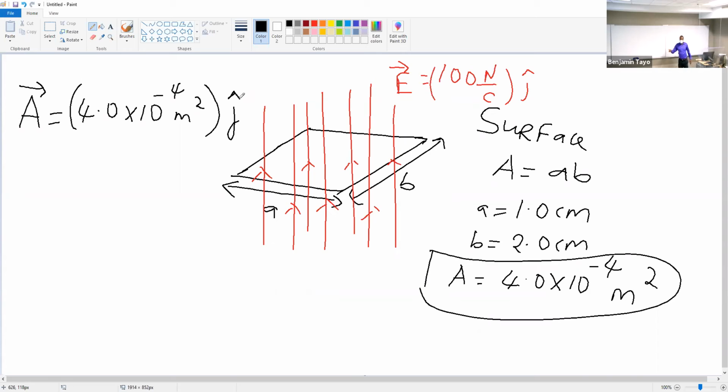The area vector is always at 90 degrees with respect to the surface. I don't know if that makes sense or not, but let me say that if this is my surface here, and this is X and this is Y, then my area vector is in the K. Does that make sense? I, J, K. So area vector is always at 90 degrees with respect to that surface that I'm interested in.